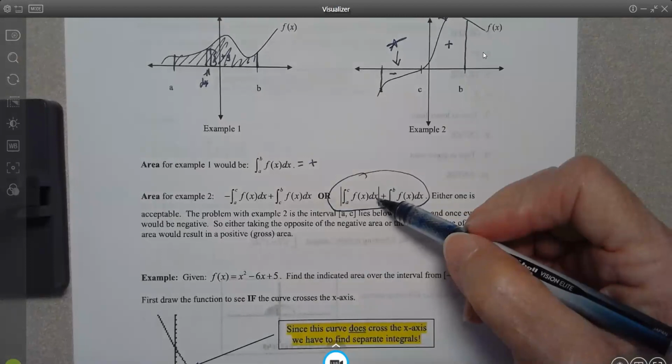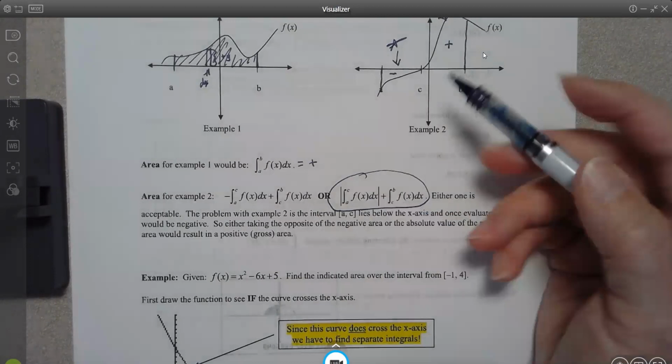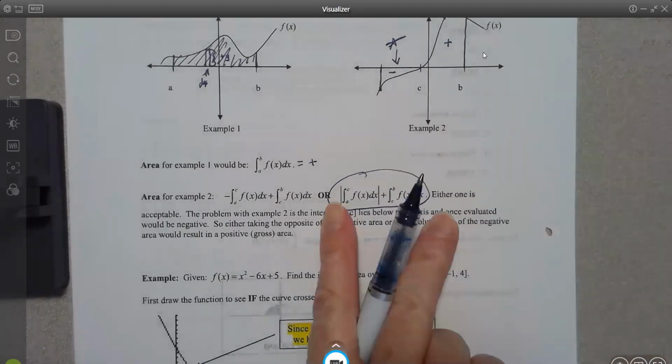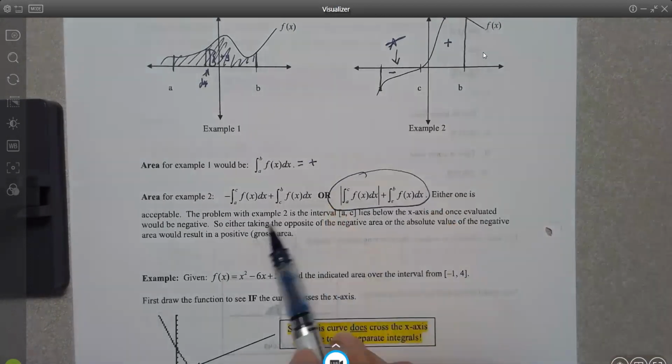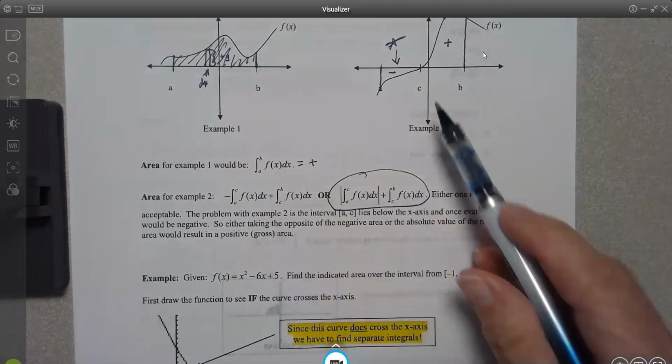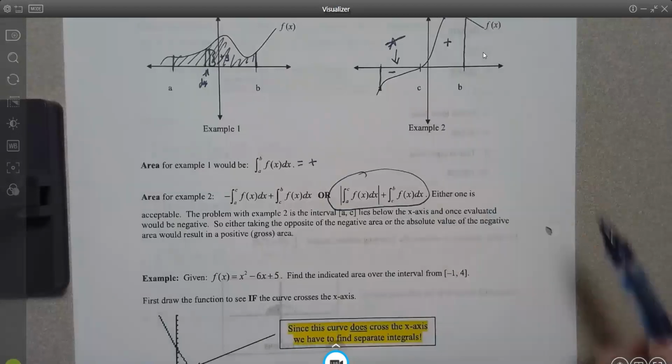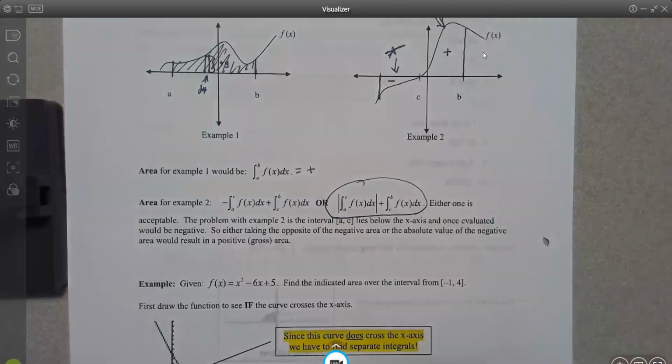So it's sort of doing two integrals, but there's not that much work. Now it says either one of these is acceptable, but since in this example, from A to C lies below, you're going to have to fix it. So your first job when you're asked to find the area is you're going to have to graph. You need to make a nice picture and know from where to where you're going to have to take the area of. Now let me look at this example.